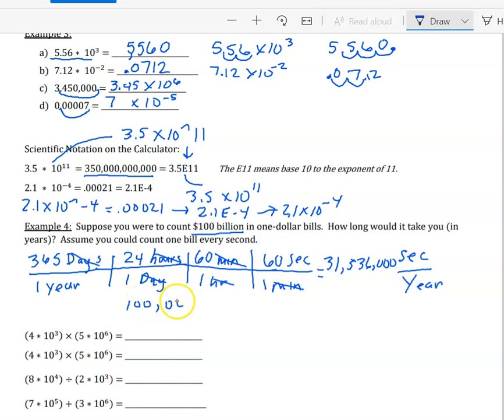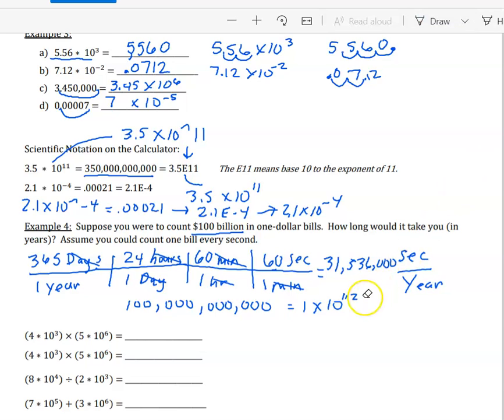So 100 billion, we could write it like this. So this would be my 100,000s, millions, billions. So that's correct. That's the same thing as 1 times 10 to the 12th, right? Because we've got, nope, that's wrong.